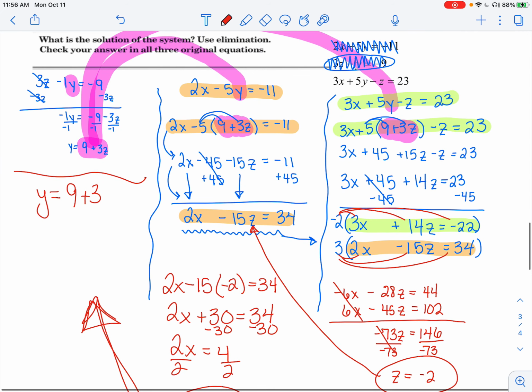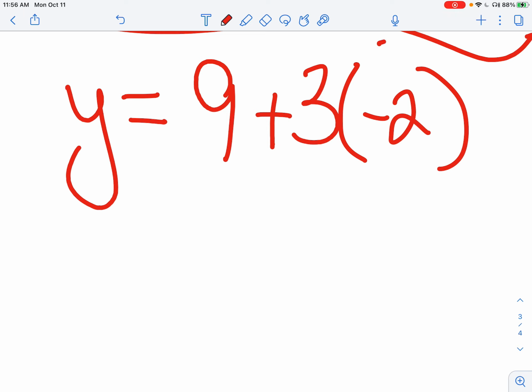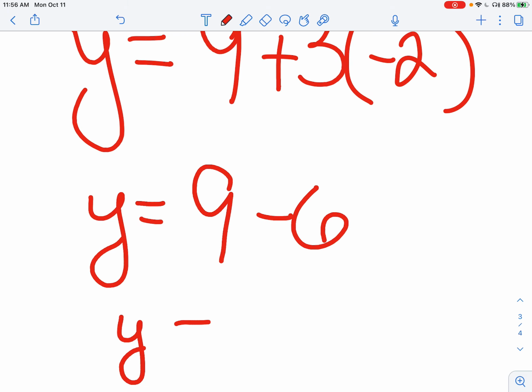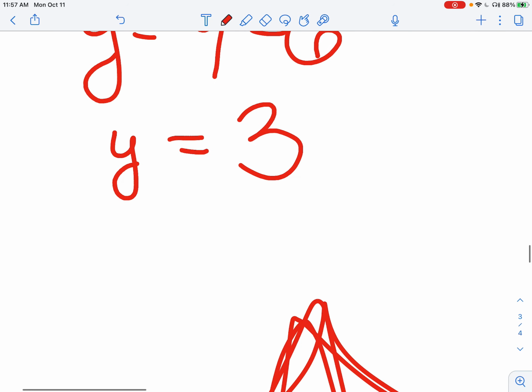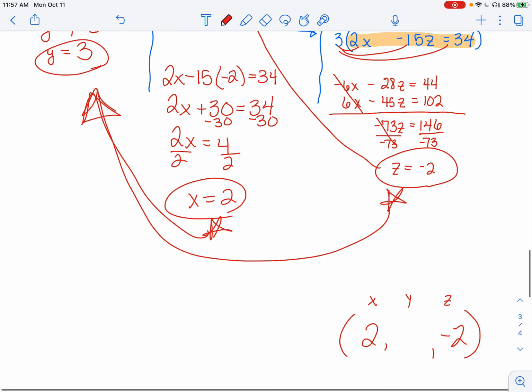Oh, so there's no x to worry about in this one, but z is negative 2, so I can put in that. So I put in z, okay? There was no x to worry about. Sometimes there might be. That's okay if there is. Just that's 9 minus 6. You can also just put that in your calculator in one step. You don't need to do each step individually. Your calculator can handle that. So y is 3.